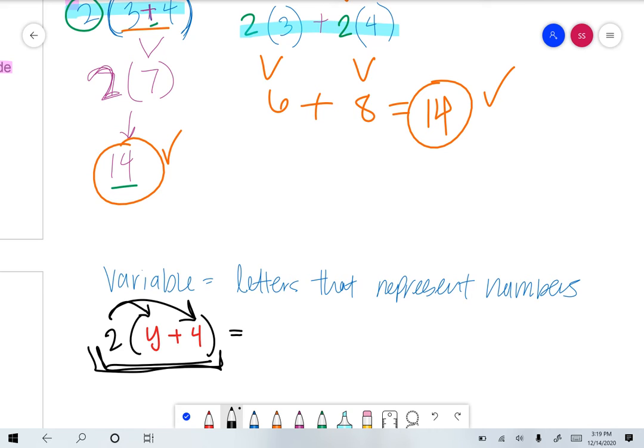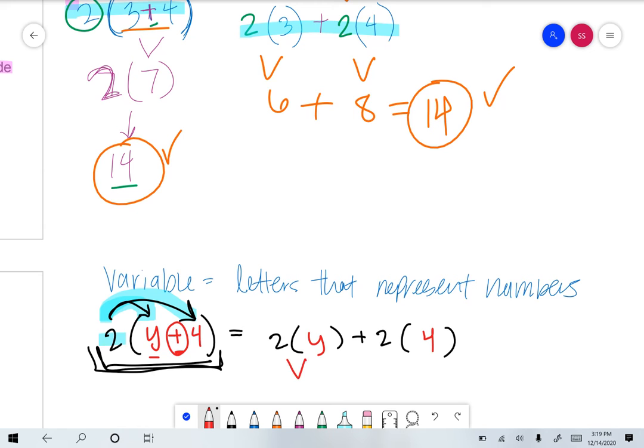Okay. So in this particular example, we would again take whatever is outside the parentheses and multiply it by what's inside. So we would have 2 times y, and then 2 times 4, and we add between because we have the addition sign here. And then we would simplify what we can.